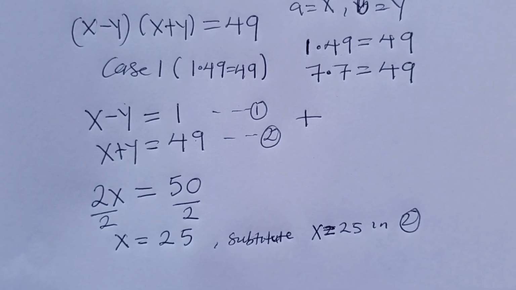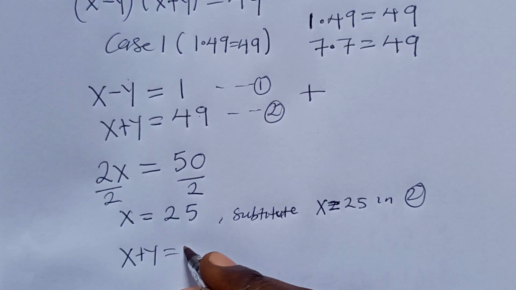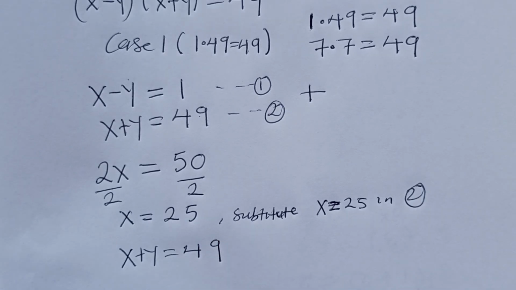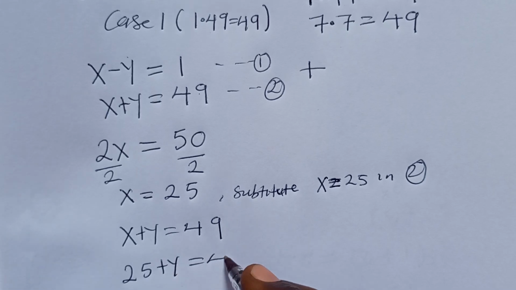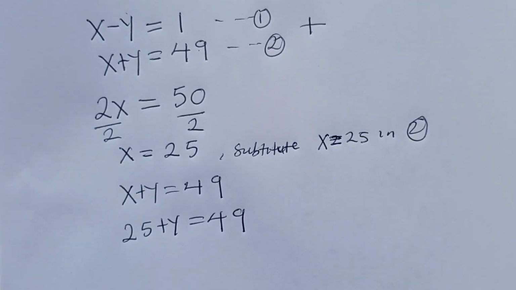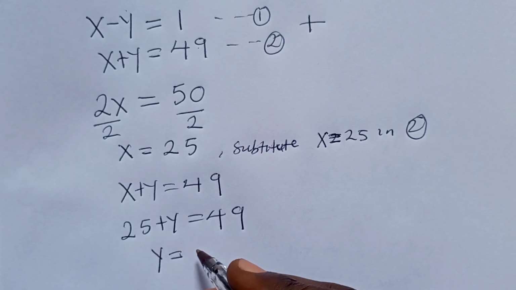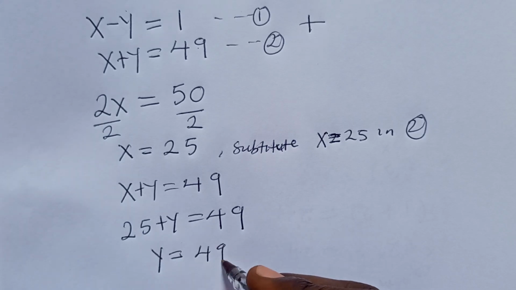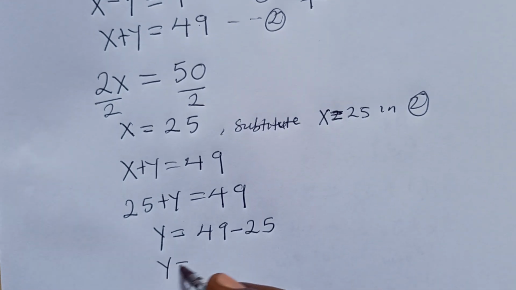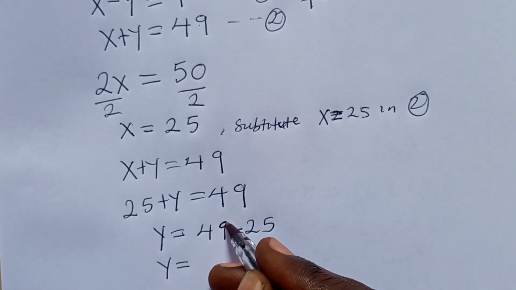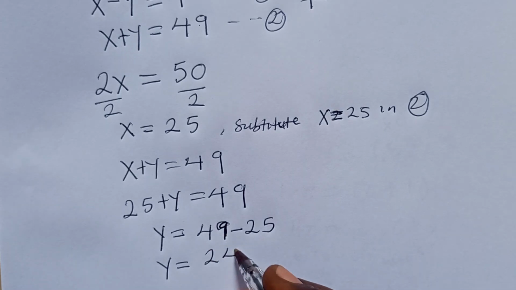So substituting x as 25 in equation 2, x plus y equals 49. So 25 plus y equals 49. Taking this 25 to the right hand side, y is going to be 49 minus 25, and our y is equal to 24.